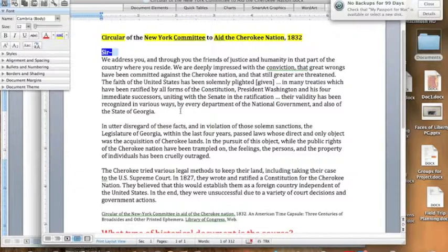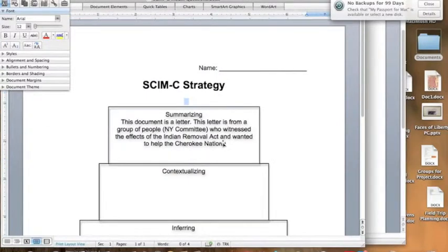Some questions that might come up with: are they writing to the president? Are they writing to maybe someone in legislature of Georgia? But right now, from just an initial look at this, I'm not quite sure who they are writing to. So that's something that we'll mention on our graphic organizer. So let's go over here.